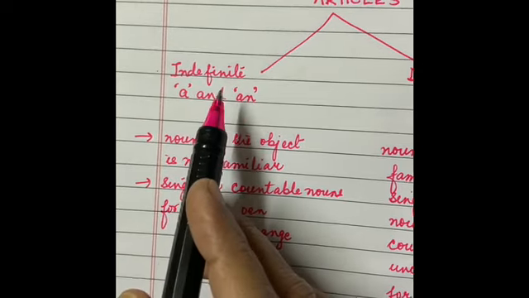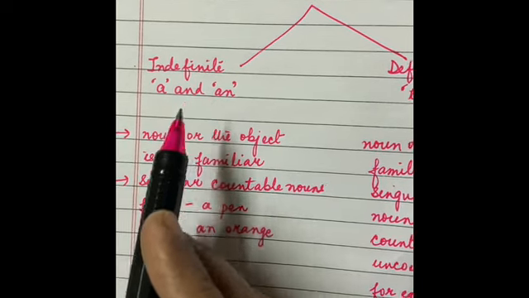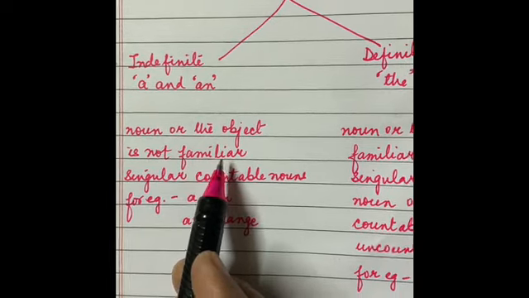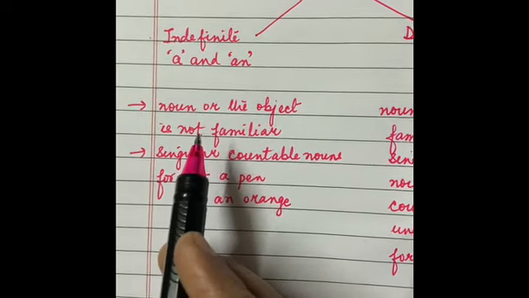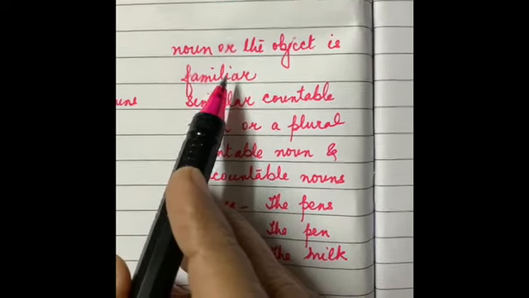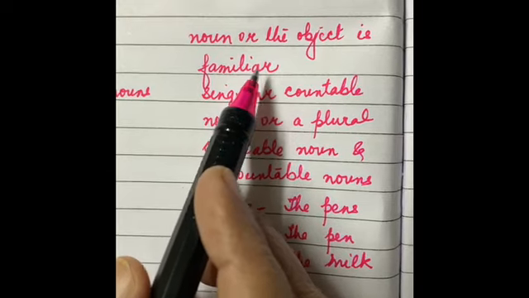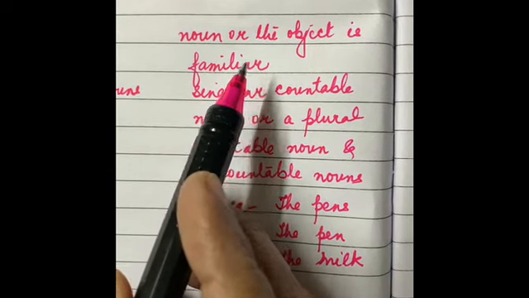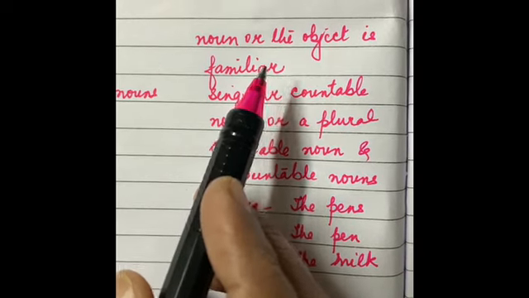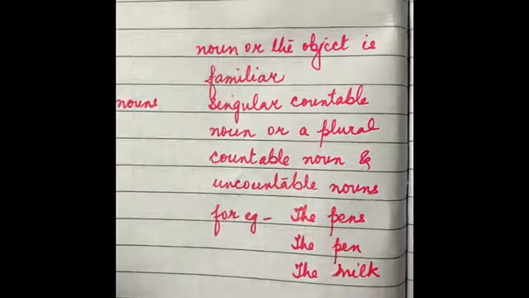The indefinite article is used when the noun or the object is not familiar to us. While the definite article is used when the noun or the object is familiar to us, or if you are using the noun the second time, then the definite article the is used.